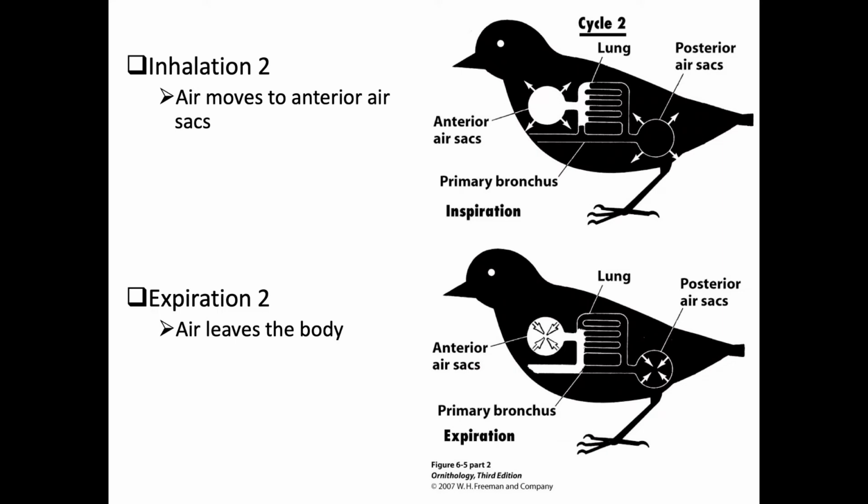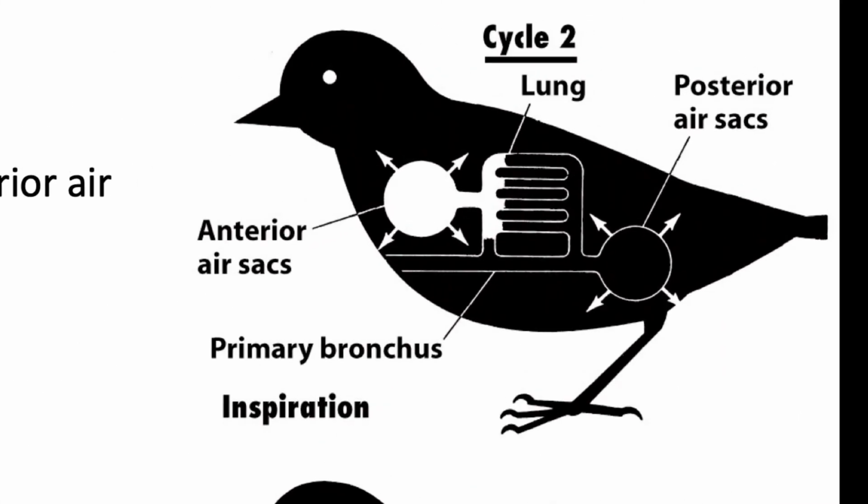Well, now we have to have our second inhalation, and at this point, the air that was in the lungs now moves to the anterior air sacs. Now realize, when this is going on, this is an inhalation, so they're bringing in another batch of air. So while the air that we're tracking is leaving the lungs going to the anterior air sacs, the next inhalation cycle is beginning and moving fresh air into the posterior air sacs.